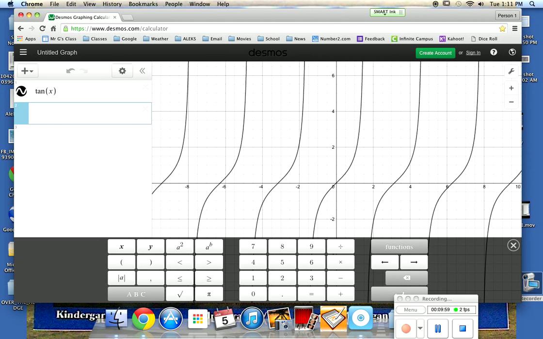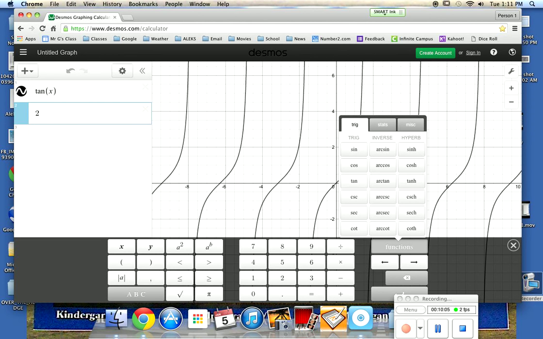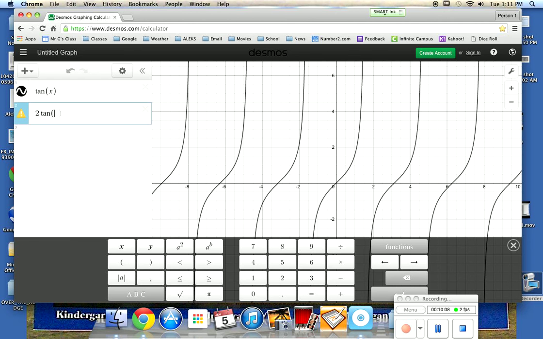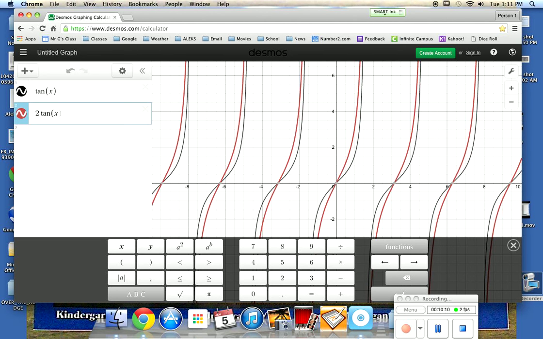So we'll make it 2 times tangent. What happens? It actually starts narrowing it down. It straightens it out a little bit more.